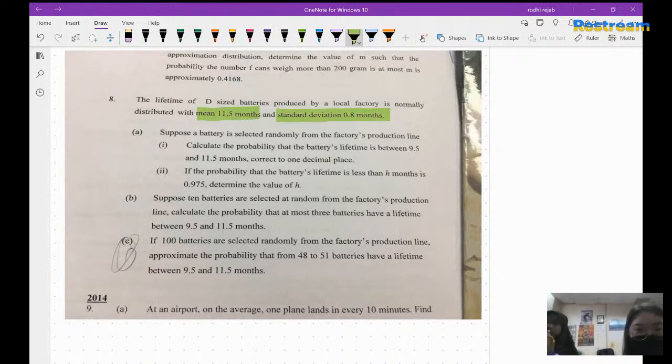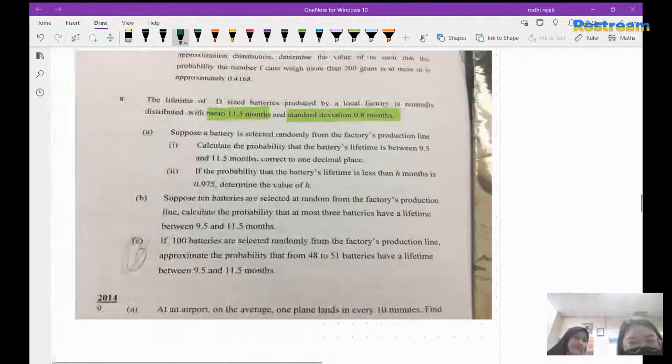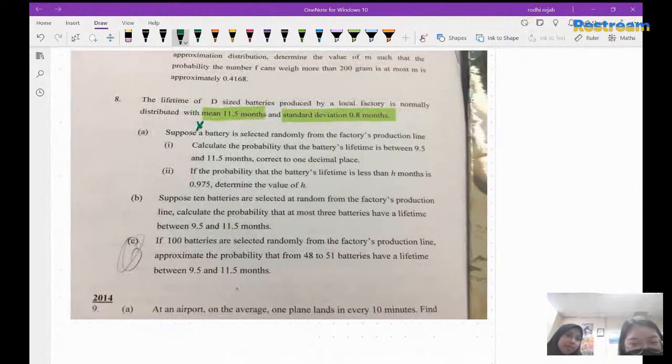Okay, so from here we know that this one is a normal, because the questions already give us the mean and the standard deviations, so we can write like this.